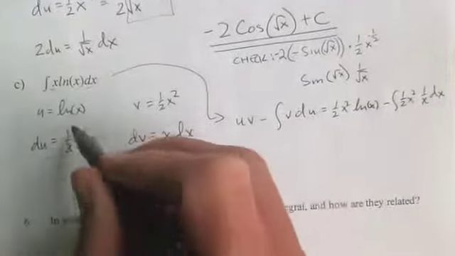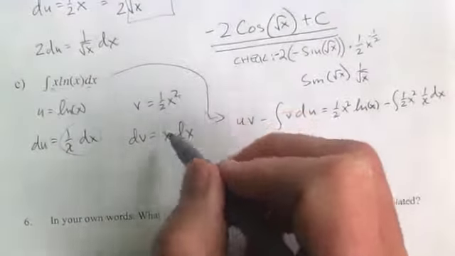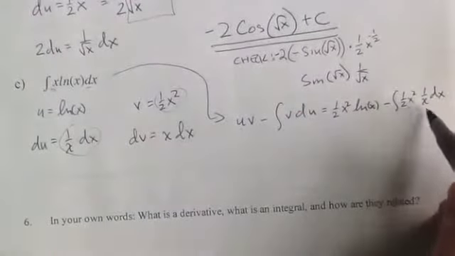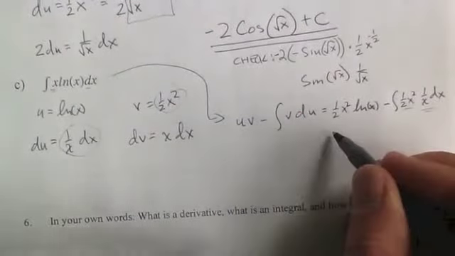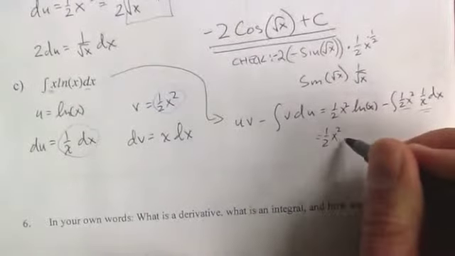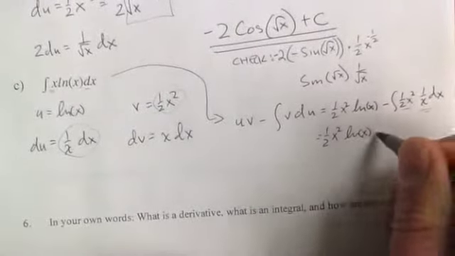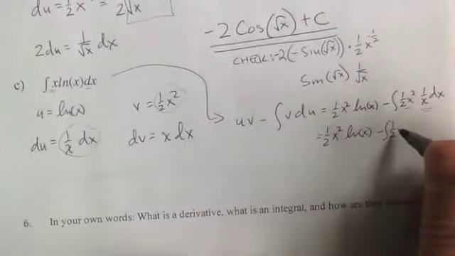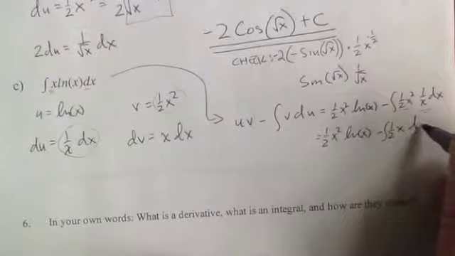All right, so I fill in this part and this part right there. So what does this become? Well, this becomes 1/2 x squared ln of x minus, well, this x cancels with that, and it's the integral of 1/2 of x dx.